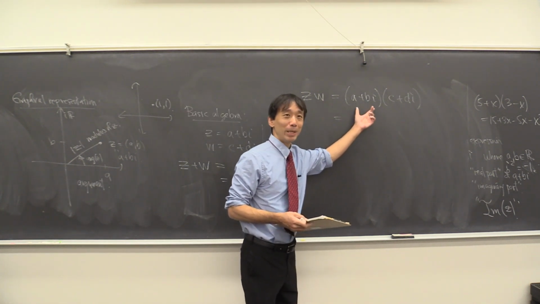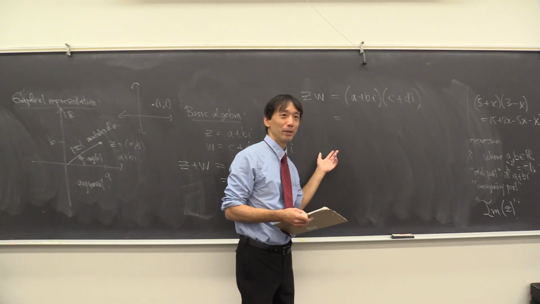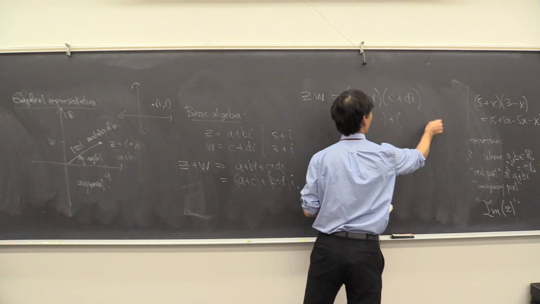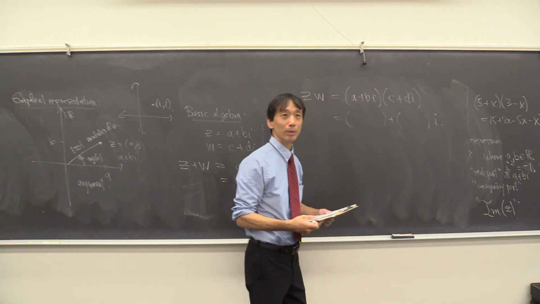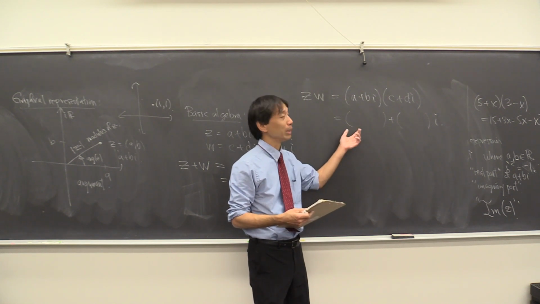So can anybody read off what that's going to be? This is actually a little tiny bit tricky. What's going to be the real part, and then I'll have the imaginary part. Can anybody tell me what the real part's going to be? Just by looking at it, working it out in your head, maybe.